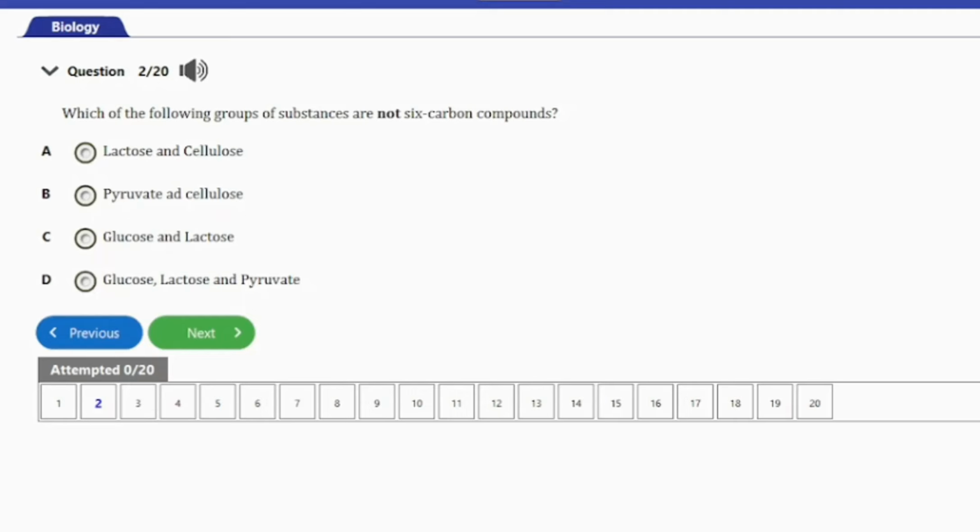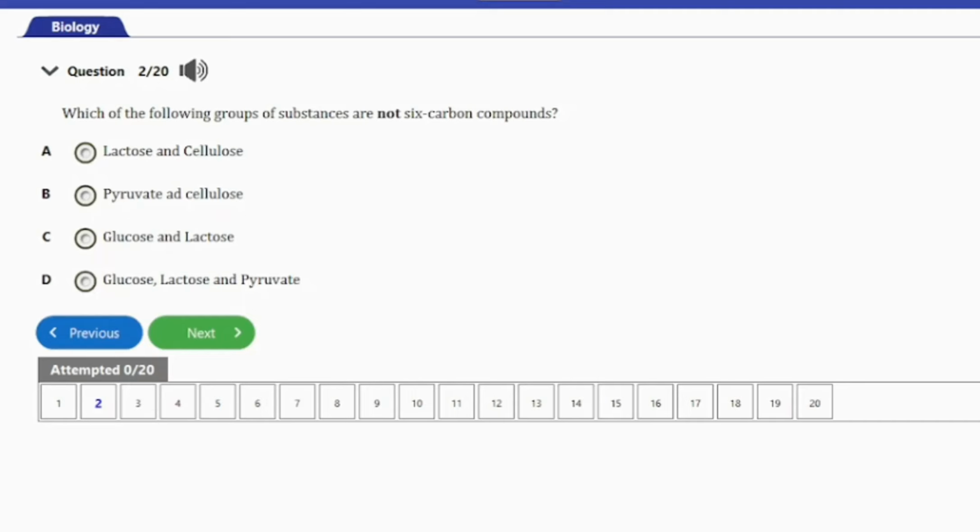However, the question says are not 6-carbon compounds. If you check option A here, lactose and cellulose, lactose is a 6-carbon compound, but cellulose is not. But actually, cellulose is a polymer of some 6-carbon compounds, more like glucose or thereabouts.